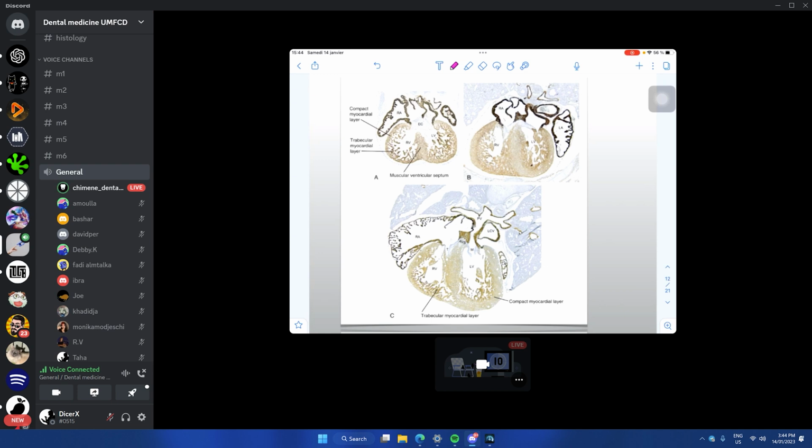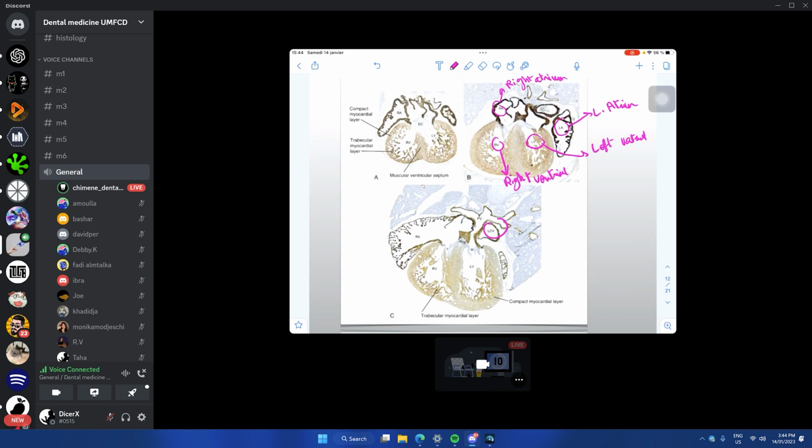Here you have the right atrium, because I think most of you don't know how to label in here. You have the right ventricle. This is easy. You have the left atrium, and the left ventricle.